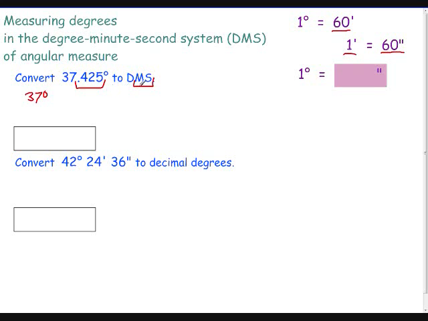Now, how many minutes are there in 0.425 degrees? Well, if we multiply this times 60, we will know how many minutes we have. Let's pull over our calculator.